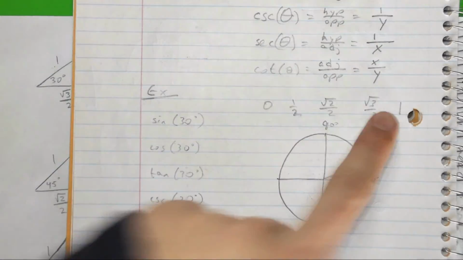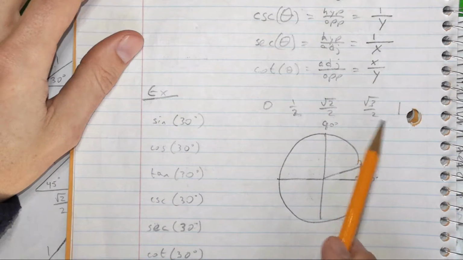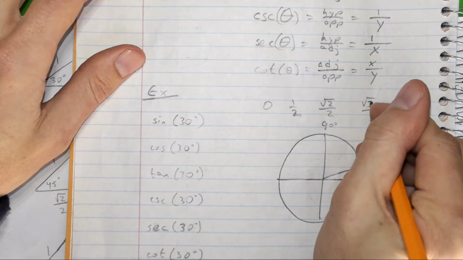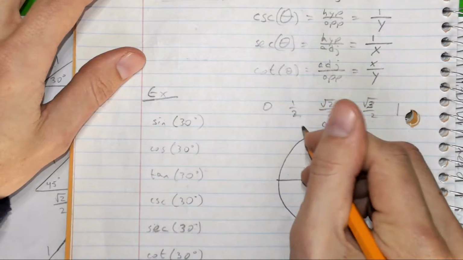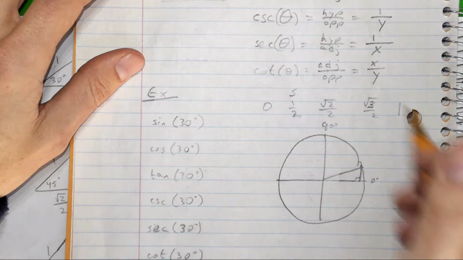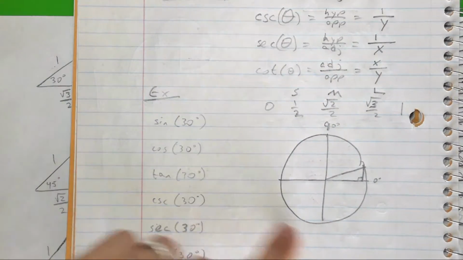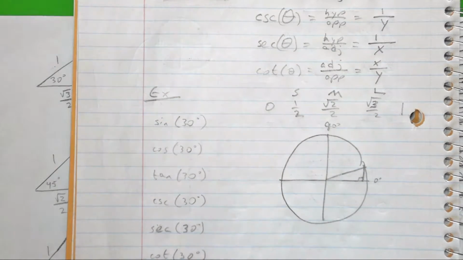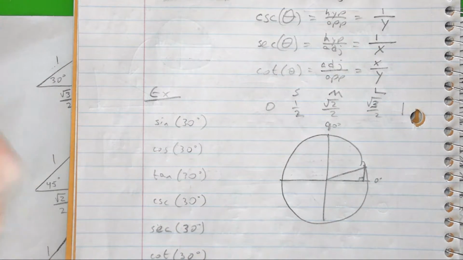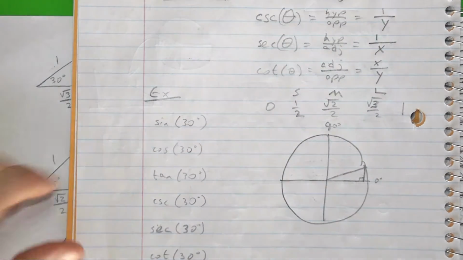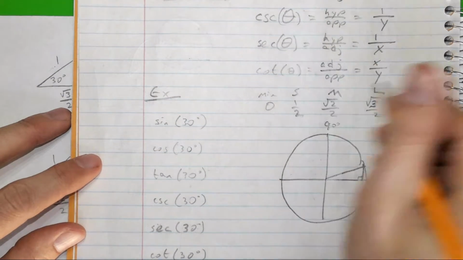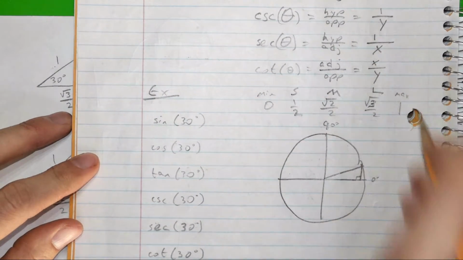Because writing these little fractions can get messy, I'm going to shorten them to S for short, M for medium, and L for long when I write the sides on here. 0 and 1 are already short enough. But if you want to, you can call this the min and the max.